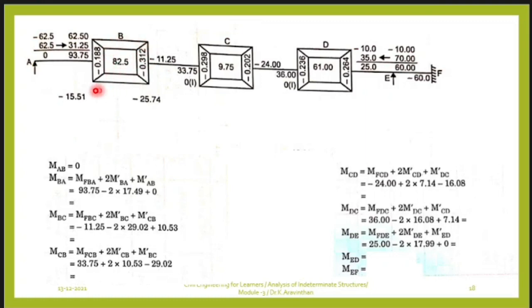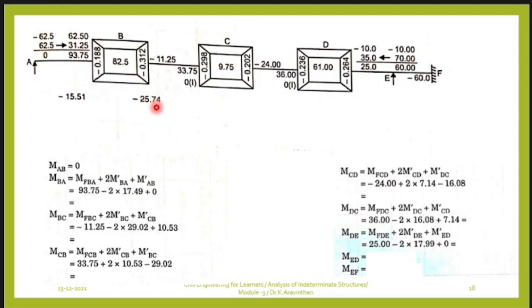By using this picture, you can do the iteration. How to make the next iteration? 9.75 minus 25.74. Now why are you adding this? While doing the second iteration, you would have got the previous answer. In the formula you can check it. 9.75 minus 25.74.